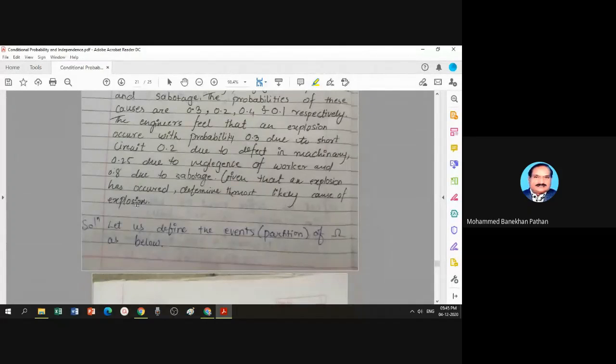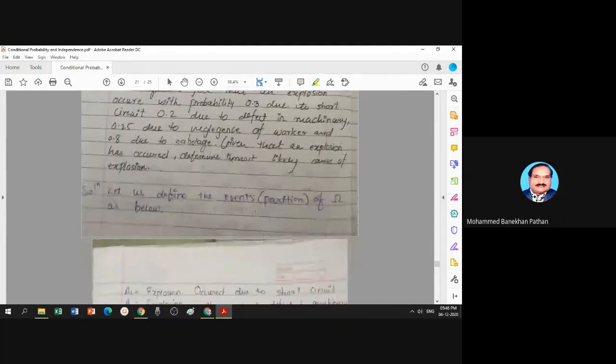That means here we don't know whether the explosion occurred due to short circuit, due to the defect of the machinery, due to the negligence of worker, or due to sabotage. We want to decide what is the most likely reason for the explosion. That is the application of Bayes theorem. Let us see how to solve.